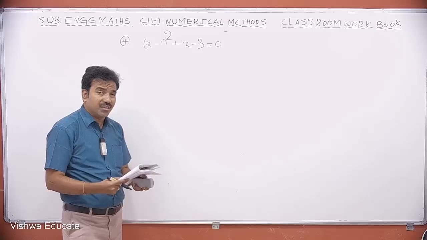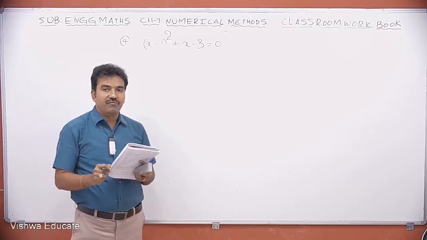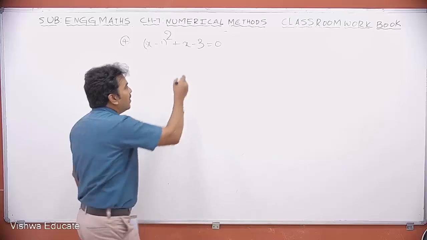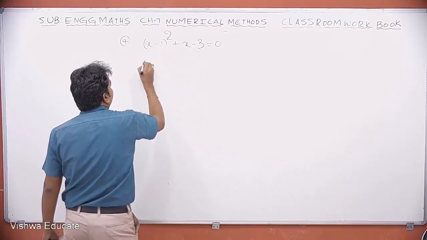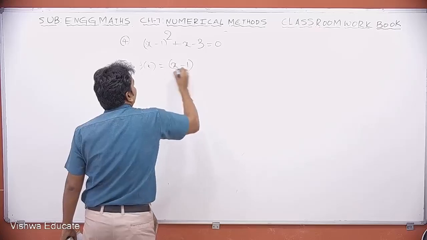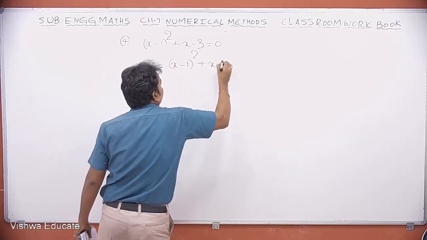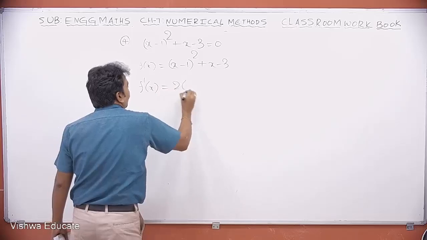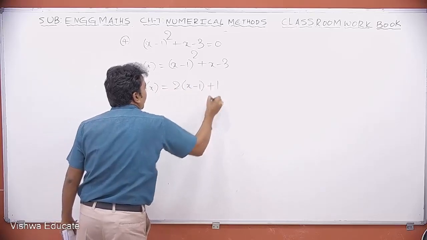So very interesting question. They were saying that this method will fail in the very first iteration if the initial guess is. Let us solve at first the x1 value. This is actually the f of x value, (x minus 1) whole square plus x minus 3. f dash of x equal to 2 into (x minus 1) plus 1.